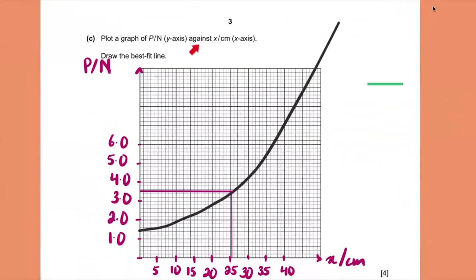Plot a graph of y of P versus x. Draw the best fit straight line. So let's see if I can somehow make these points visible. So this is one point, this is another point, a third point. I think the fourth one is on the line. This is the fourth one, and there's a fifth one here.